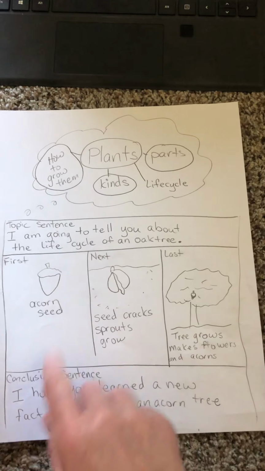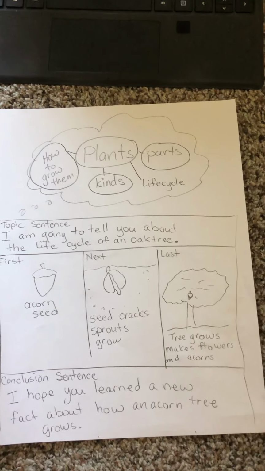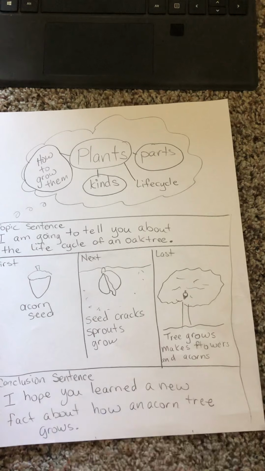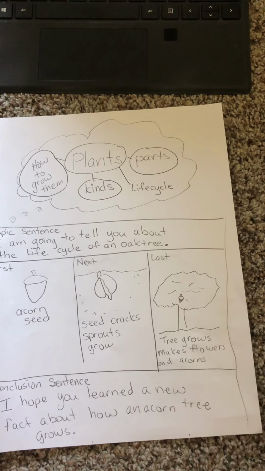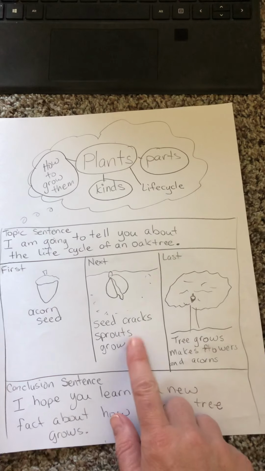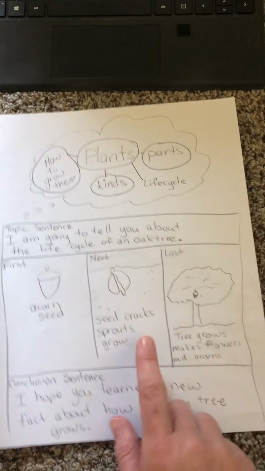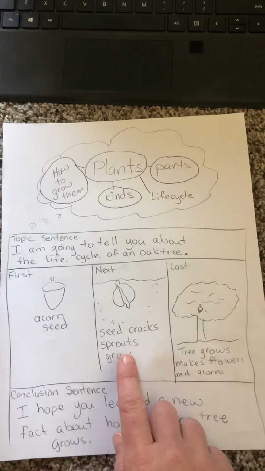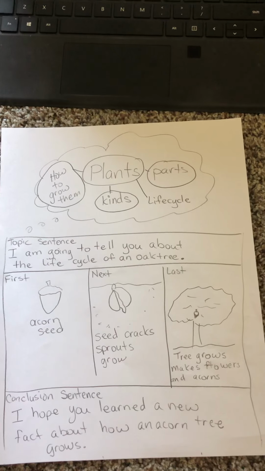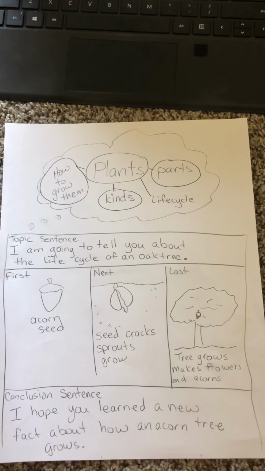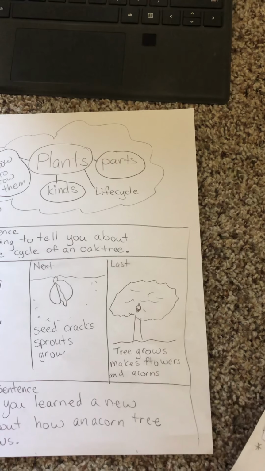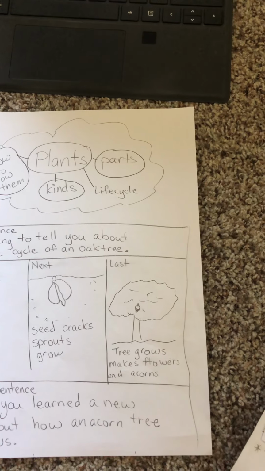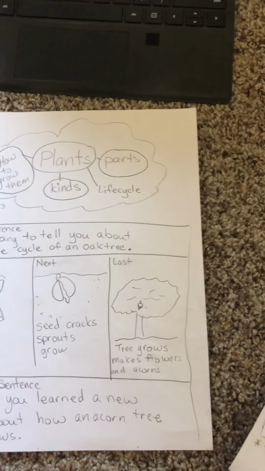So first, it starts out with an acorn seed, and next the seed starts to crack and it sprouts, and the plant starts to grow. And I know by reading the information that sunlight and water, those things have happened to start the germination process. And then finally the tree grows and it makes flowers and it makes new acorns. And so then the whole cycle starts again.